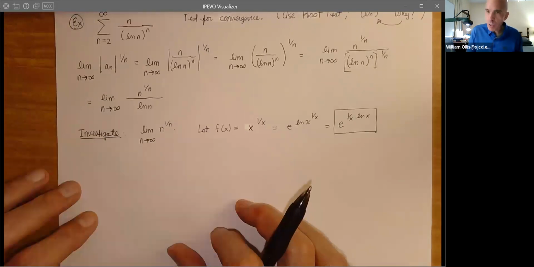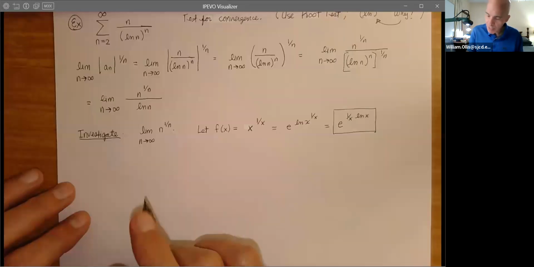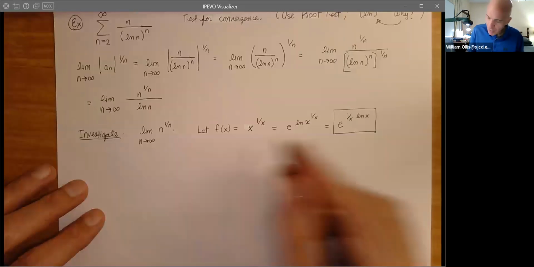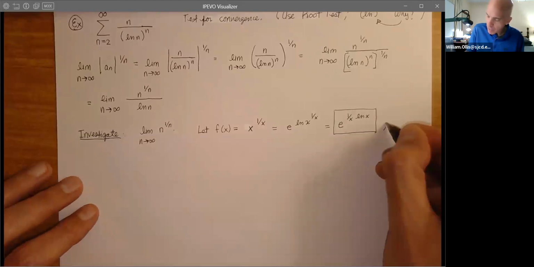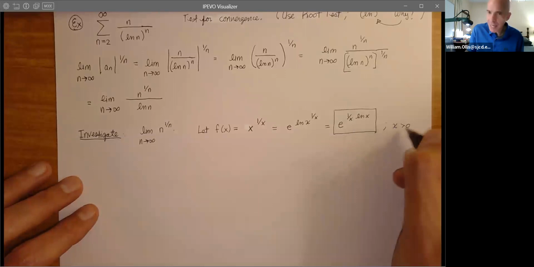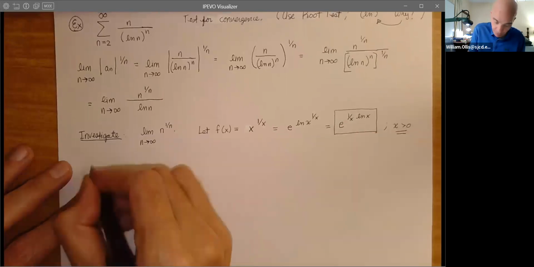We could have used L'Hopital's rule, but I want to give you a different argument here because you need to see it. We're going to let x be positive because that's what makes sense for this function. And so now let's look at the derivative.